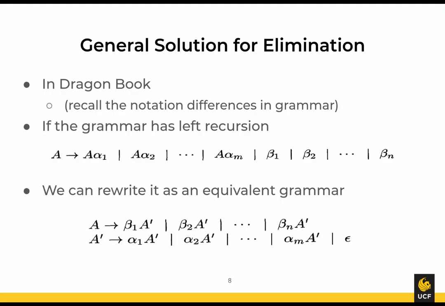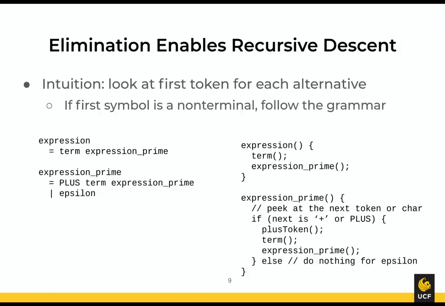So what we did is left recursion elimination. We took our left recursive grammar for expressions and turned it into a right recursive grammar by adding a new non-terminal, expression prime. Expression prime is now right recursive because the last symbol refers to itself.